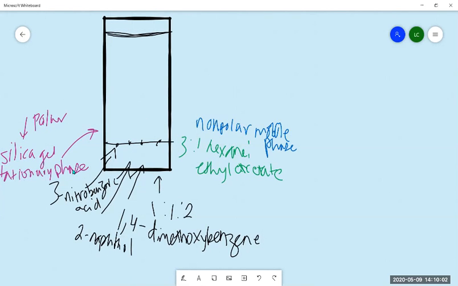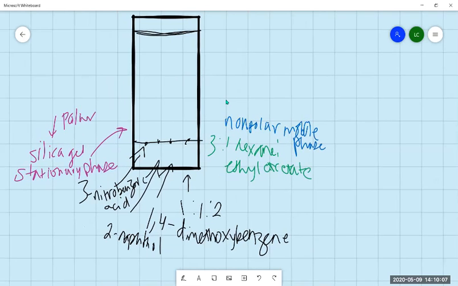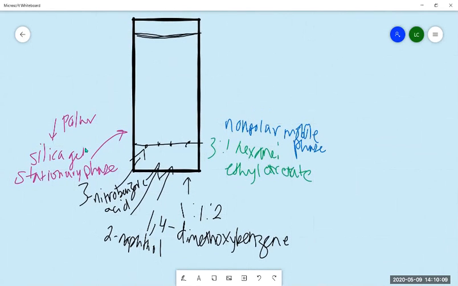Having this polarity gradient between the 2 phases, like I was talking about with phases in the last video about extraction, instead of having layers here, you have the solid silica gel on the TLC and the mobile liquid phase moving, and that operates your separation.